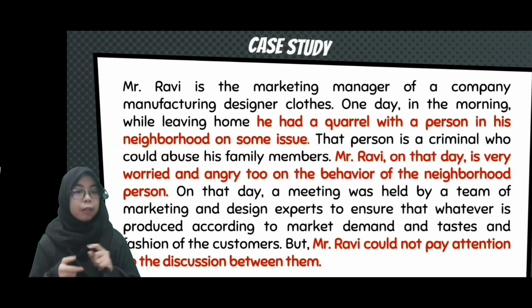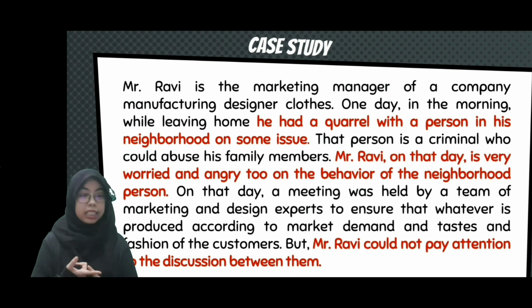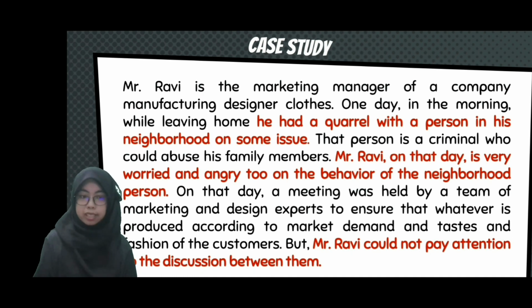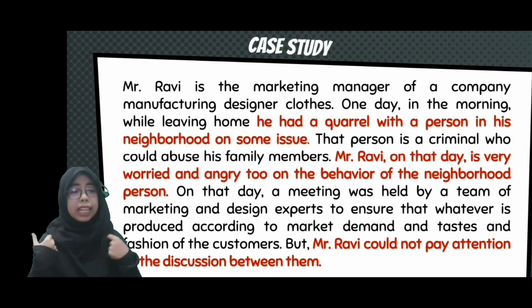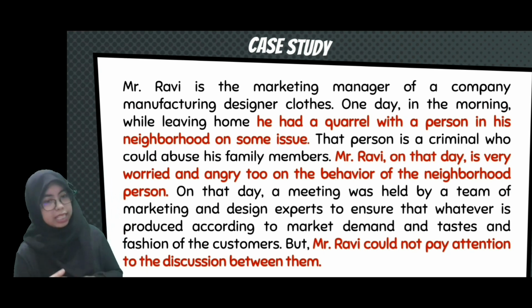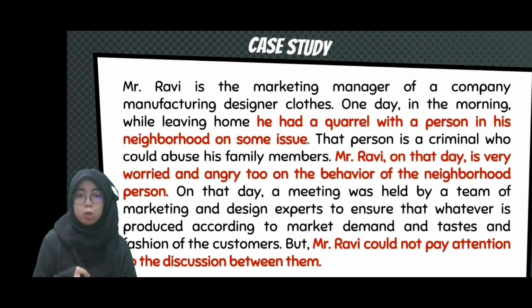Mr. Ravi is the marketing manager of a company manufacturing designer clothes. One day in the morning, while leaving home, he had a quarrel with a person in his neighborhood on some issue. That person is a criminal who could abuse his family members.